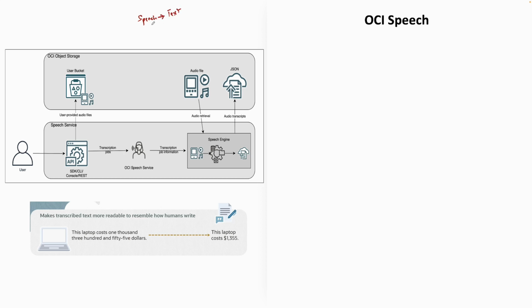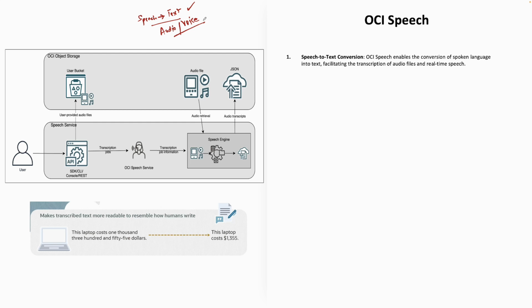That's one of the key things you always need to remember whenever we are talking about OCI Speech. The other thing you need to remember is it's nothing related to text. So input is speech here. And the other important bit is that we are talking about audio or voice here. So that's where OCI Speech comes into the picture. So let's take a look.